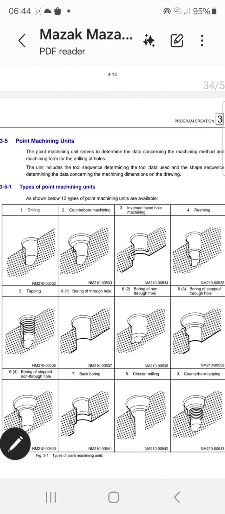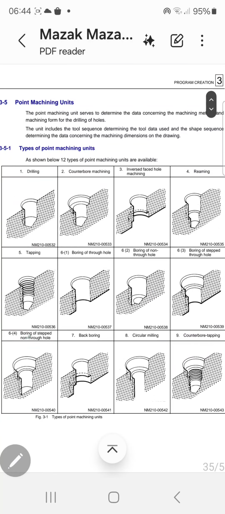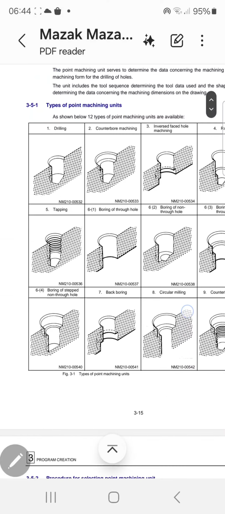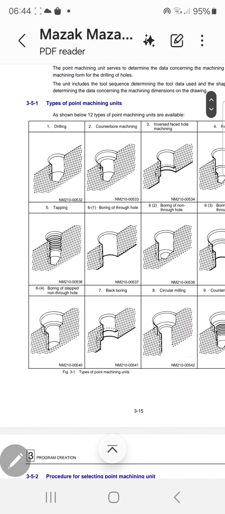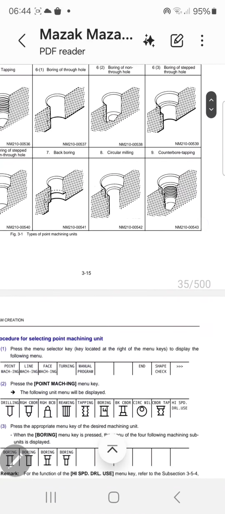Boring step back circular milling counter boring tap. Boring step non-through hole, back hole, below reaming, is a boring out.